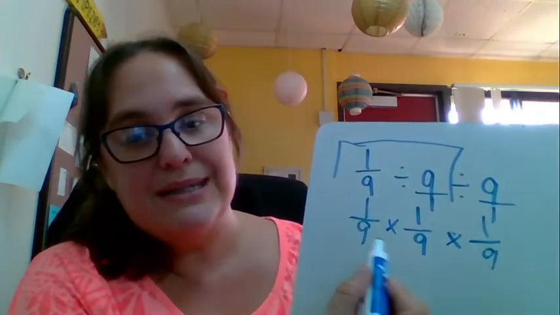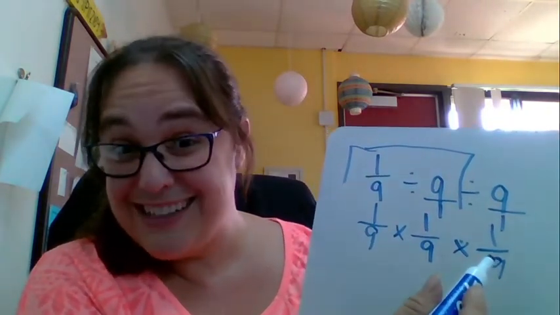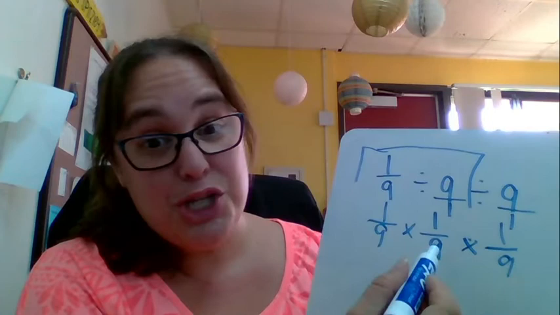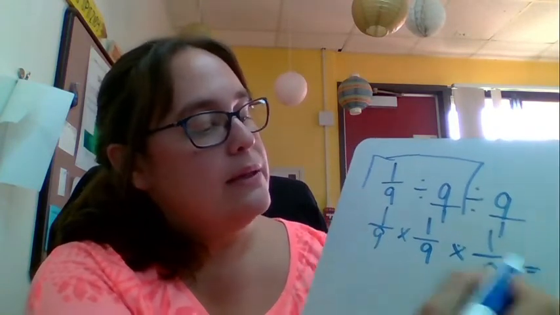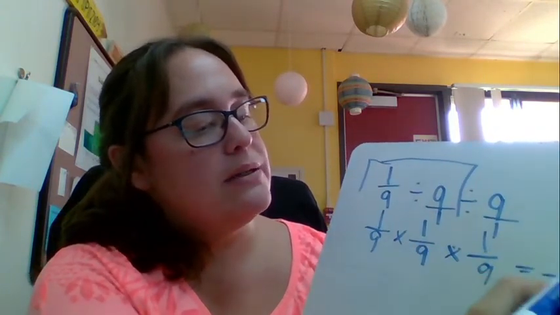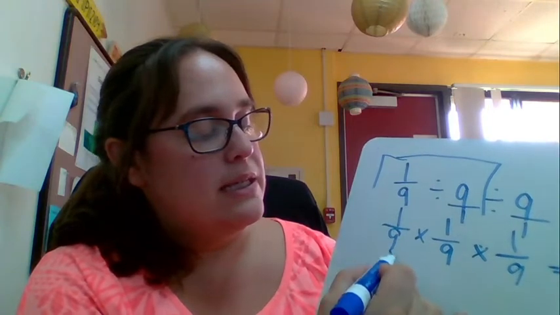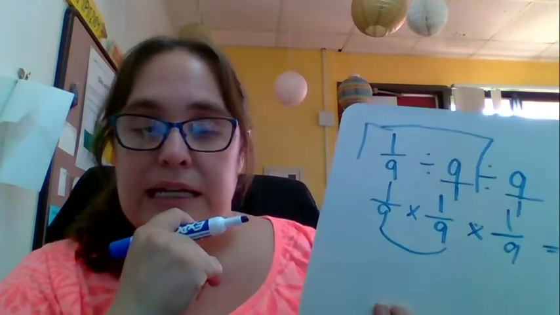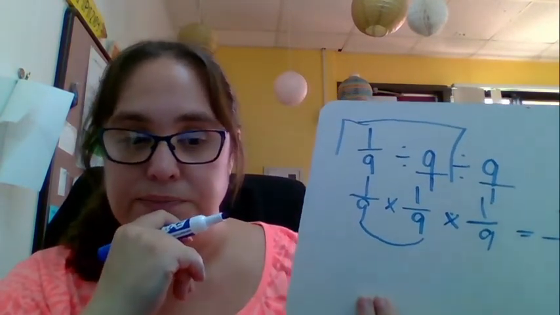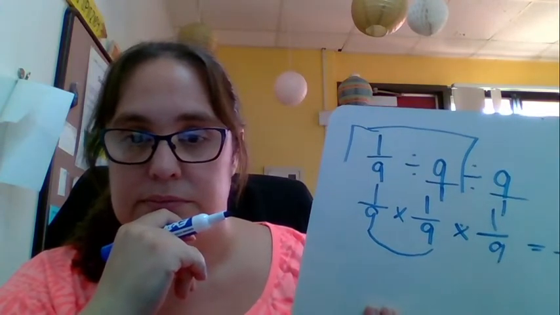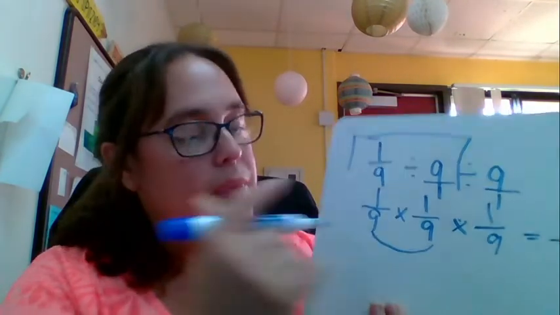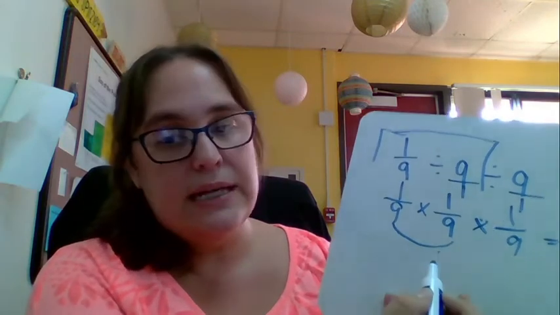Look, this is the same as 9 to the how many powers? Third power. Let's see, 1 times 1 times 1 is 1. Let's take this one at a time. 9 times 9 is 81.